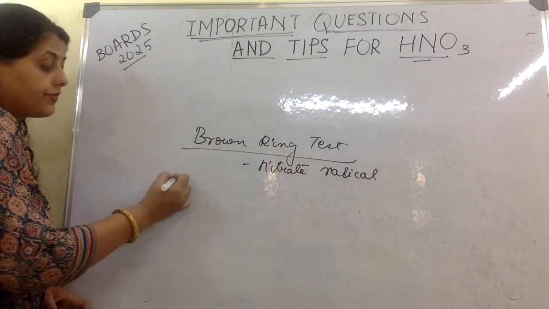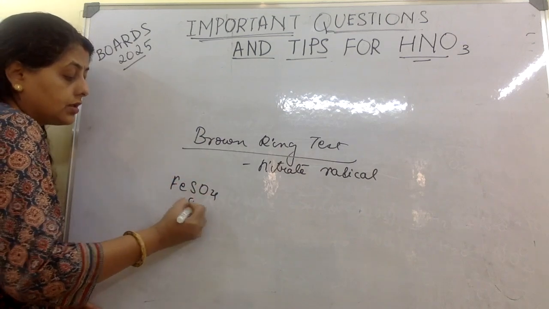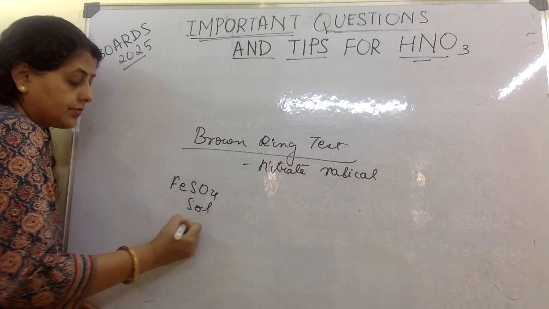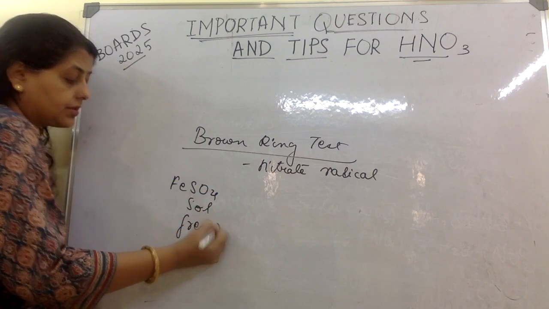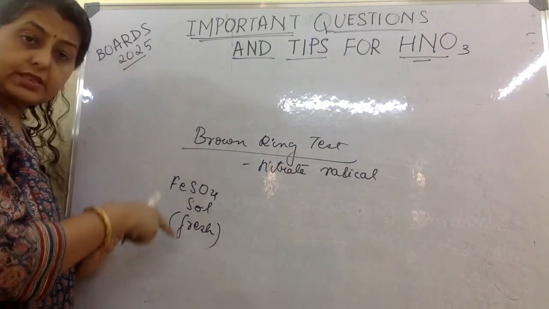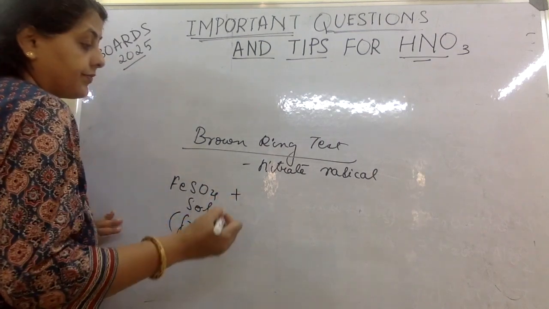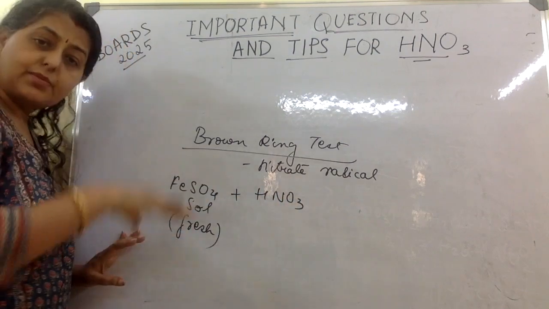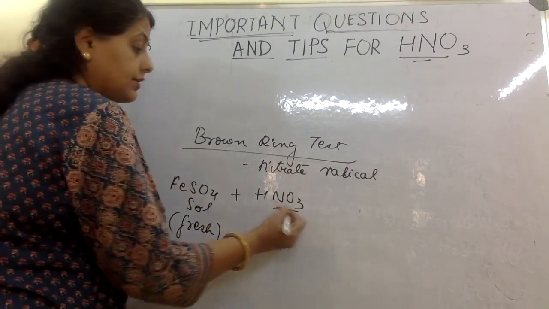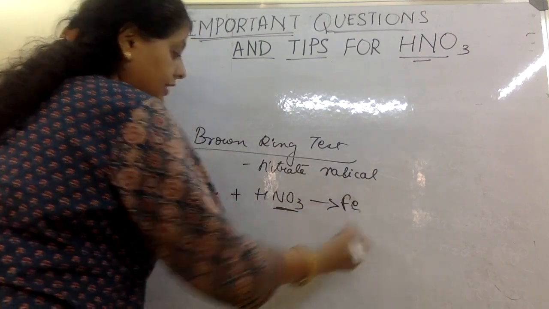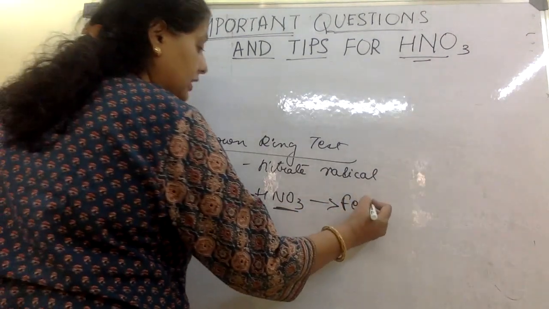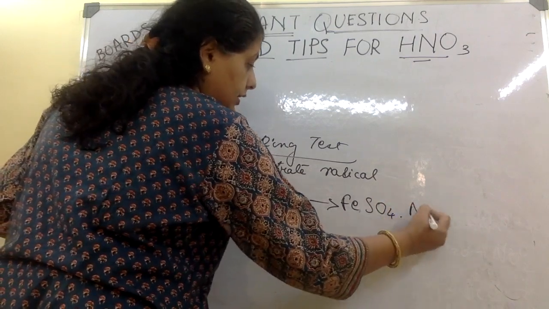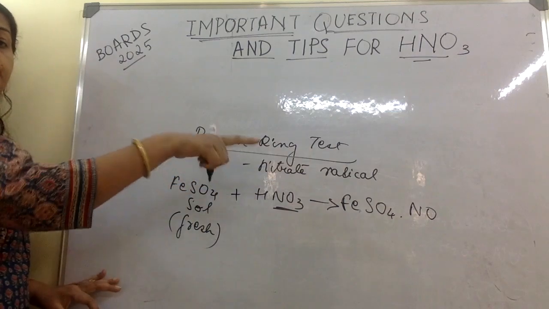Take FeSO4 solution, freshly made, meaning you are mixing it with water. Plus it can be HNO3 or some other nitrate. What is important is the nitrate radical. The compound FeSO4.NO is the reason for the brown ring.